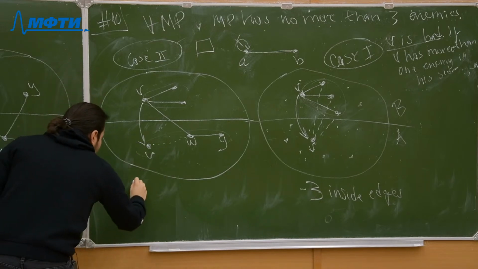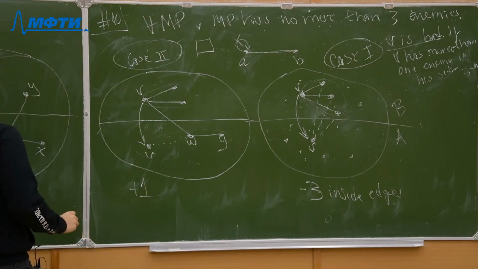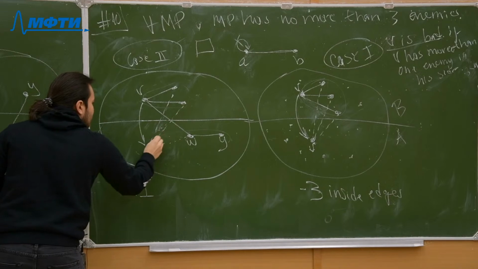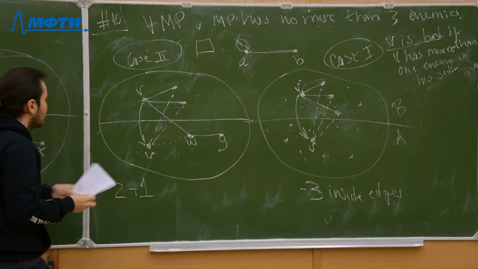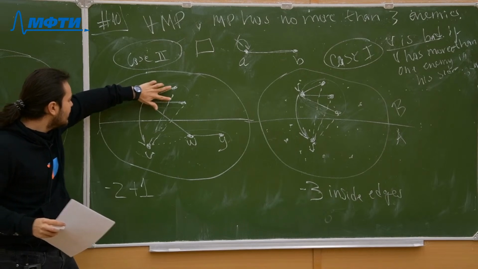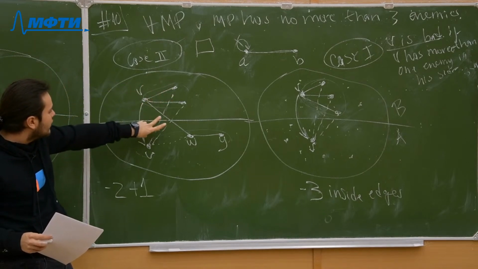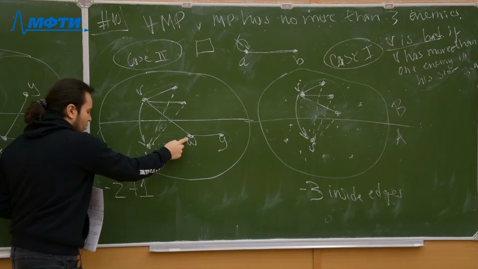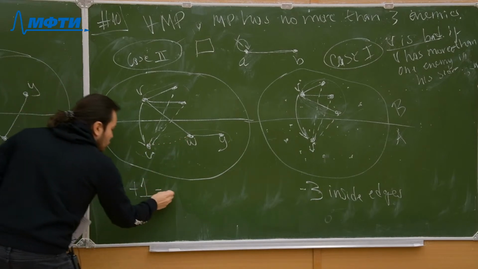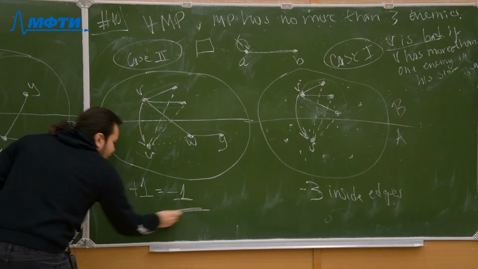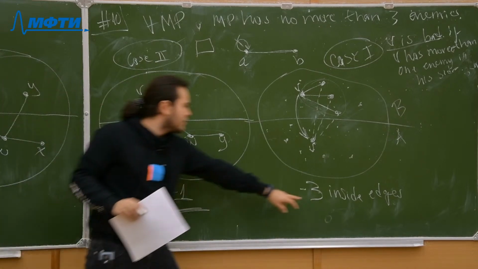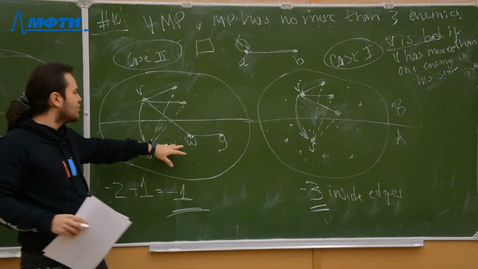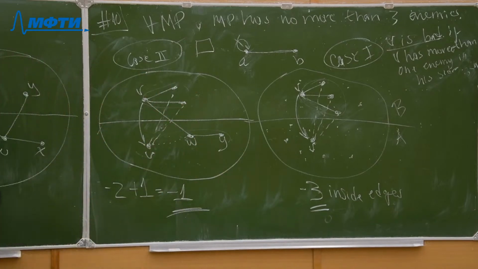So we add plus 1 inside edge, but -2. We had these 2 inside, and then they are not inside anymore, and we have a new inside edge here. So -2 plus 1, -1. So in this case we have -1 inside edge, and in this case we have -3. So in each step the number of inside edges decreases.